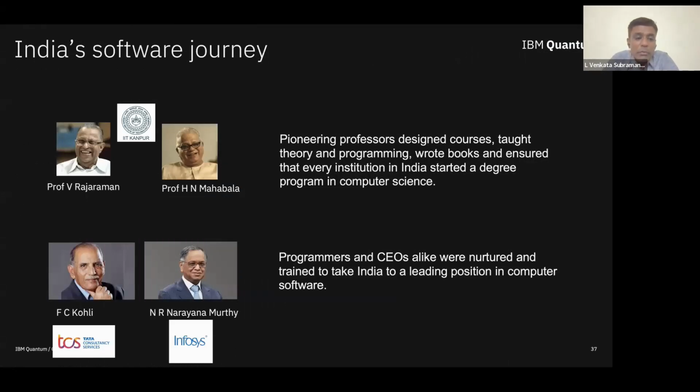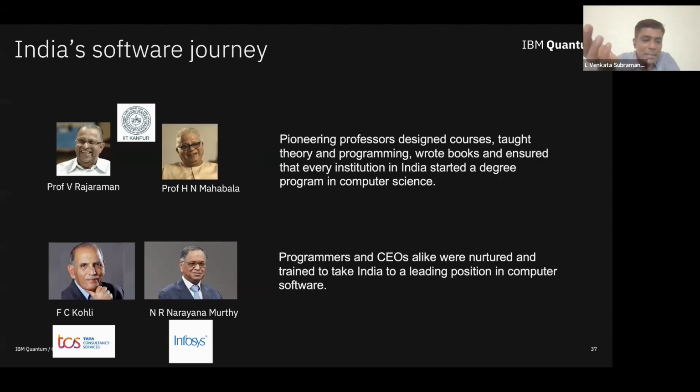Many of you might not know these professors, but Professor Rajaraman and Professor Mahabala were professors at IIT Kanpur in the 60s. They wrote a lot of books on Fortran programming and on the theory and computing of computers, and they started degree programs.